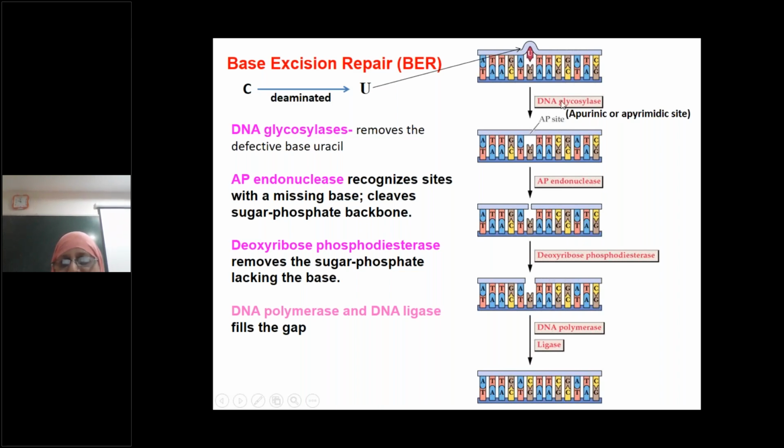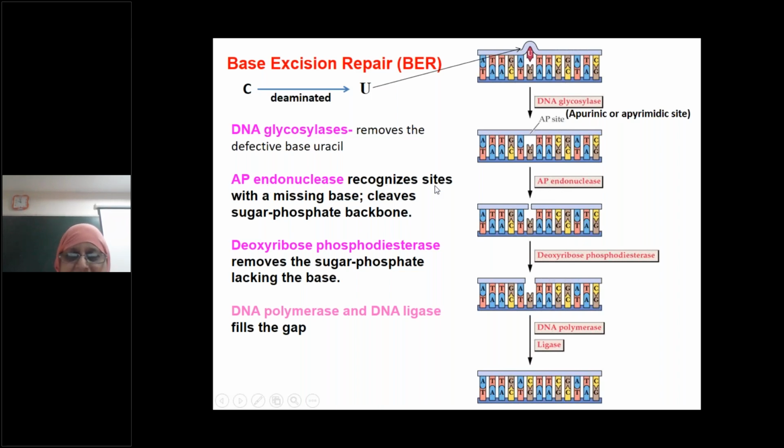Here an enzyme, DNA glycosylase, will remove the defective base uracil. This results in either an apurinic or an apyrimidinic site, depending on whether a purine base or a pyrimidine base is removed. The next step is the action of AP endonuclease.